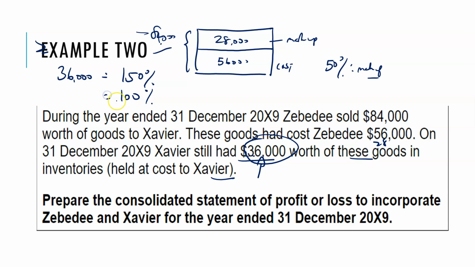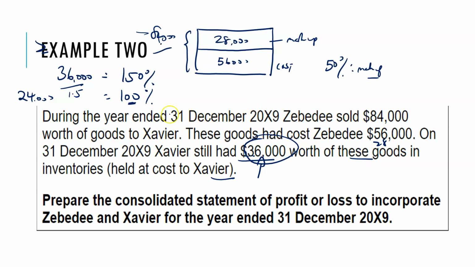So if I need to know what that 100% is, what the real cost should be, I literally just divide this 36,000 by 1.5. Dividing 36,000 by 1.5 should give me 24,000. Let me just check my calculator, sorry, just to be 100% sure. 36,000 divided by 1.5.